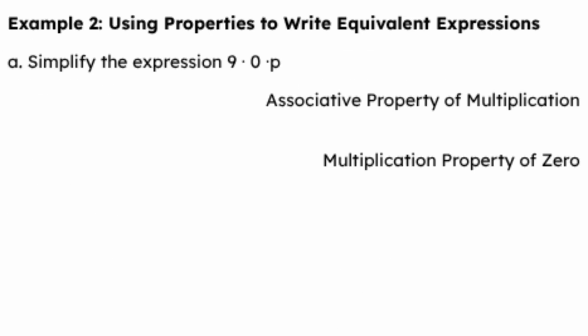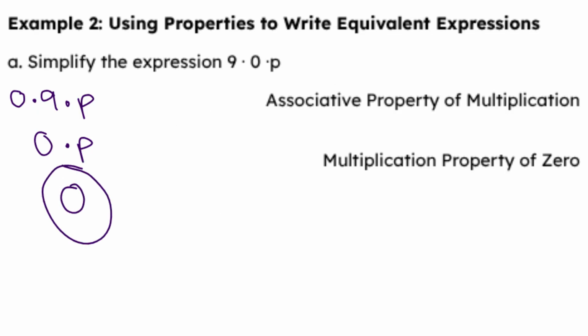So here we have simplify the expression 9 times 0 times p. We're going to use the commutative property of multiplication, which tells us that we can change the order. So if I do this as 0 times 9 times p, 0 times 9 is 0, times p, my answer is 0. So that is just my entire answer.